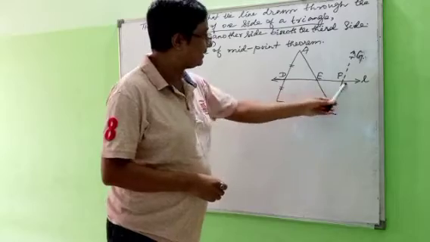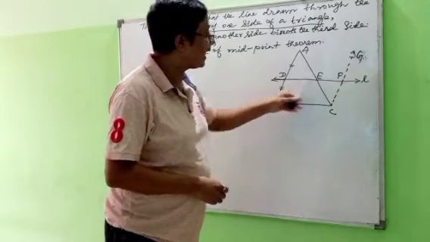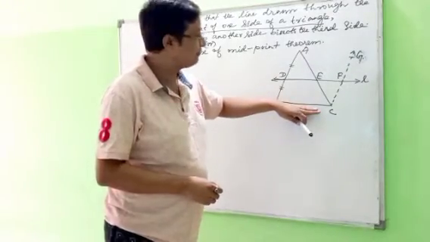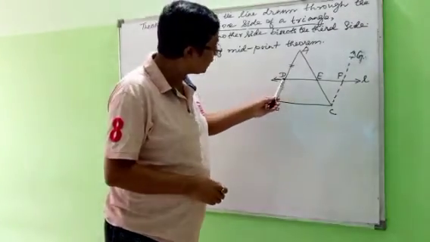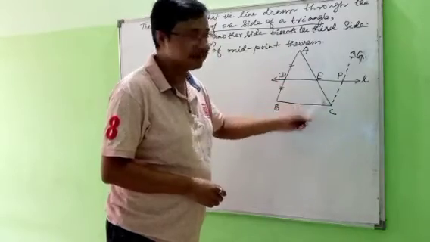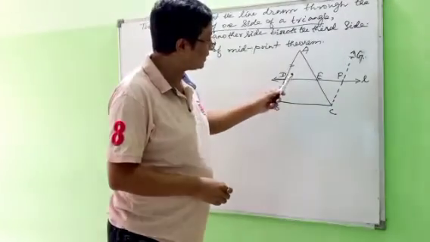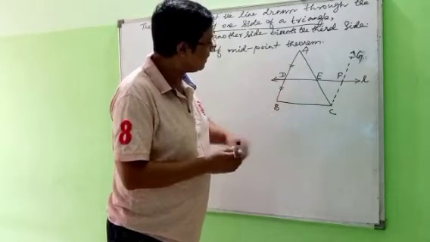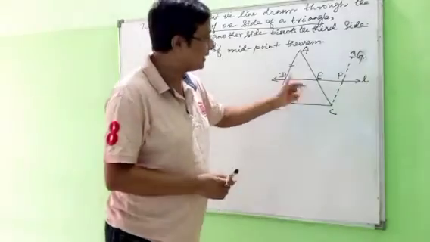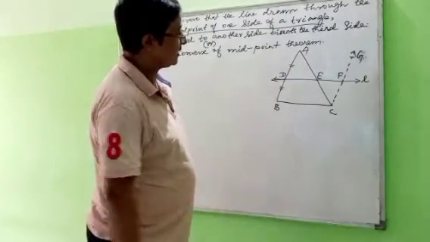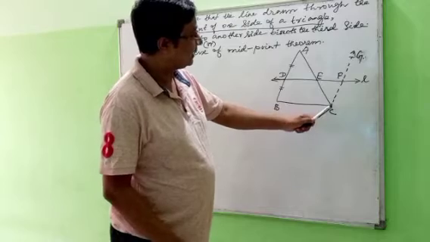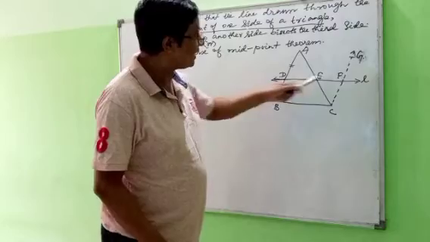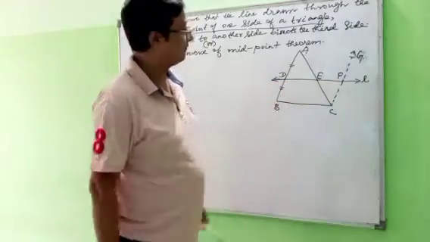This is the line that is drawn through D, the line L parallel to the side BC, the second side. Then the line drawn through the point D should bisect the third side. That means you are to prove that E must be the midpoint of the side AC, which means AE is equal to CE. Now the construction is that you have drawn through C the line CG parallel to AB that meets the line L at point F.